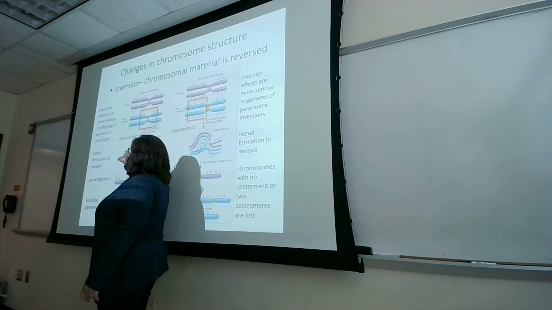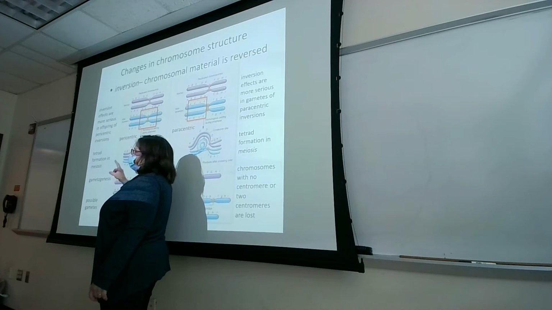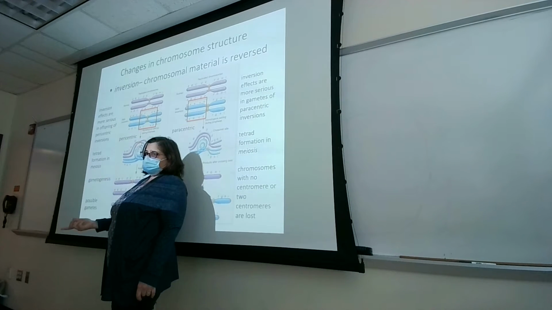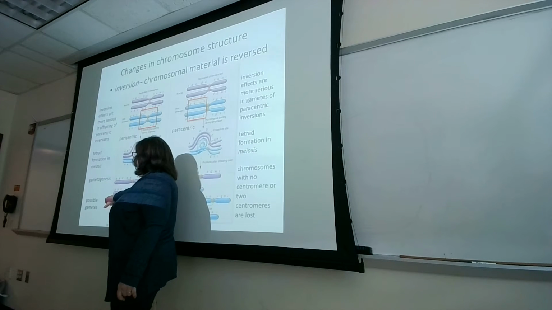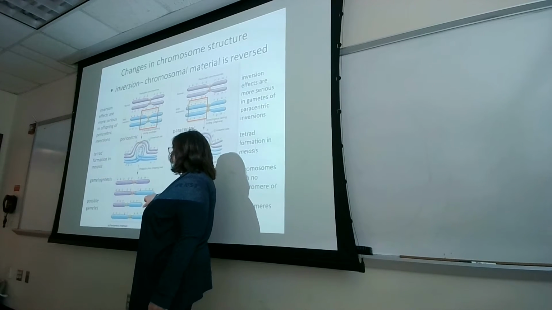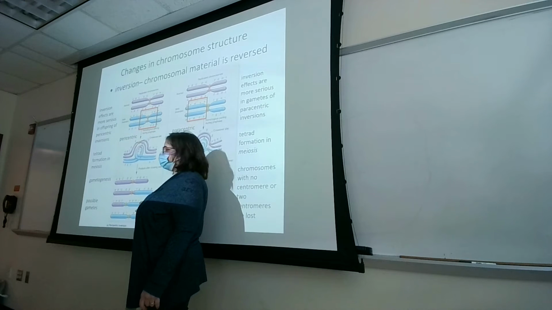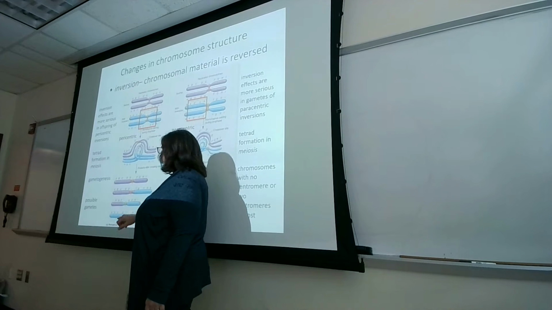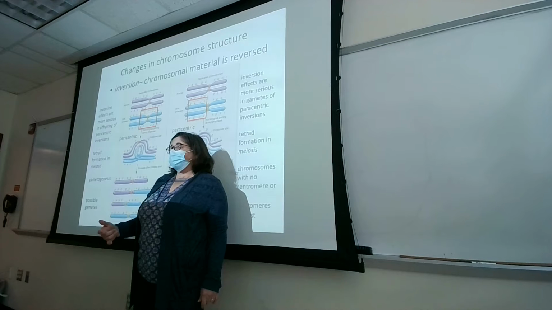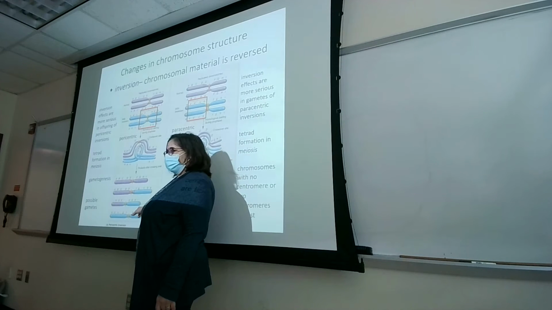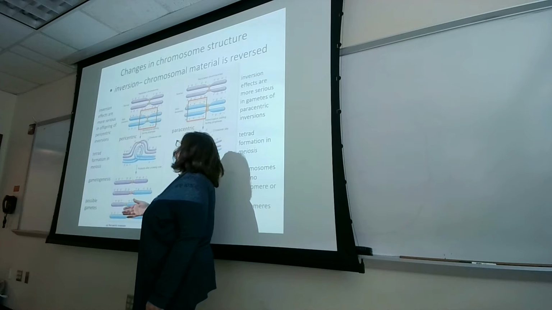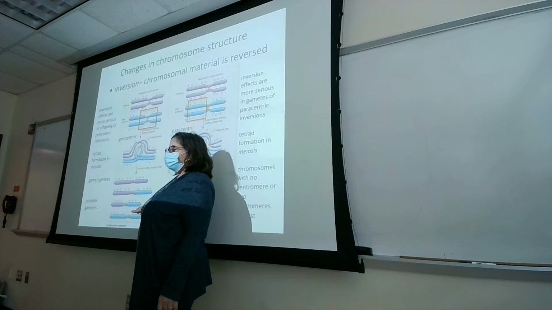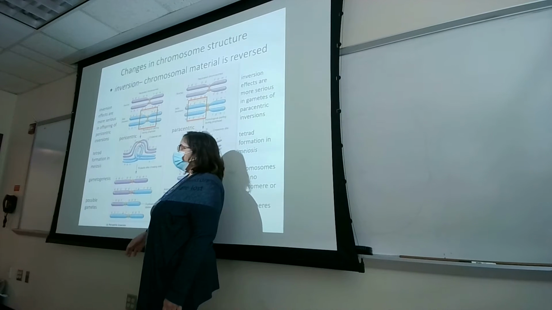So what you've done is you've created a duplication of part of the chromosome. So you wind up with one chromosome that has a duplicated part on it. And the other chromosome is going to have a deleted part because that was supposed to be here, but it's not there due to the crossover.